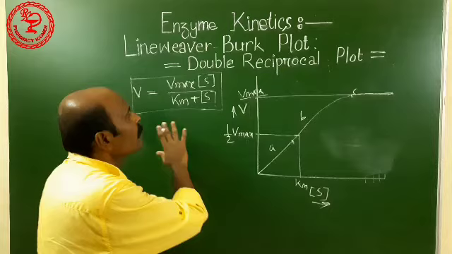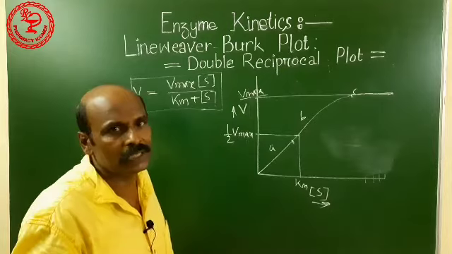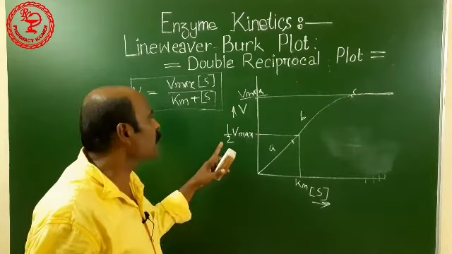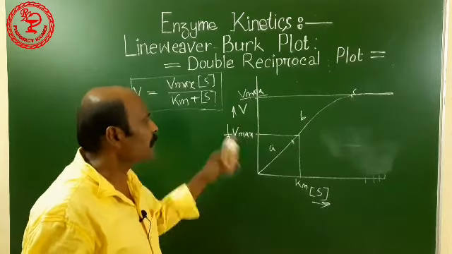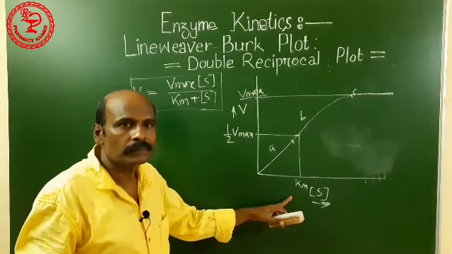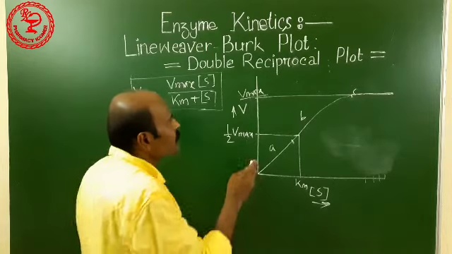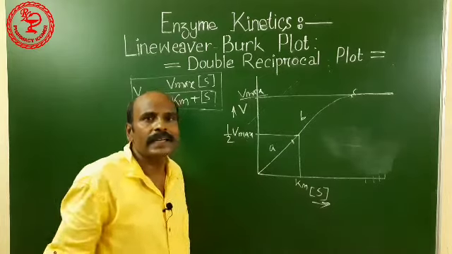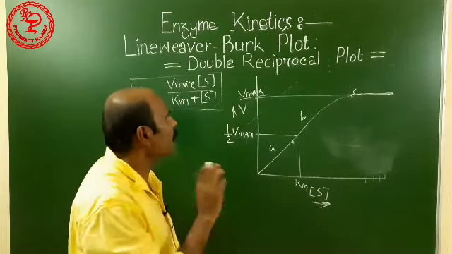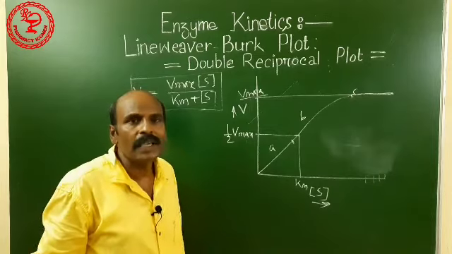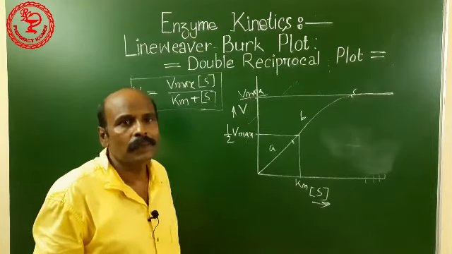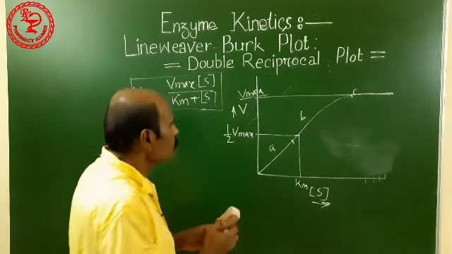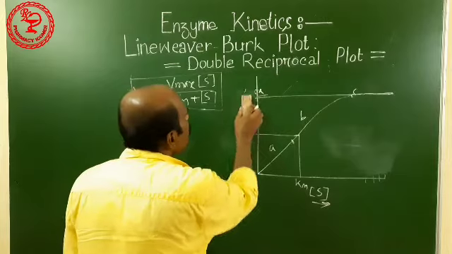With the help of the Michaelis-Menten curve or equation, we cannot correctly estimate the Vmax and also the Km. If it is a straight line, then we can get the correct Km and Vmax. This is the need for modifying this plot. So how is it modified?